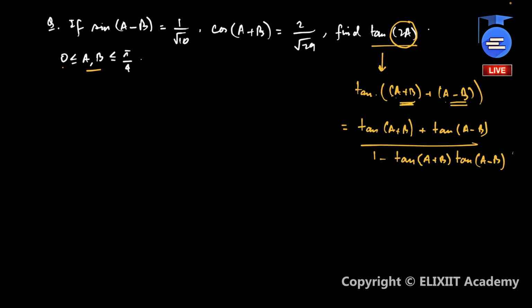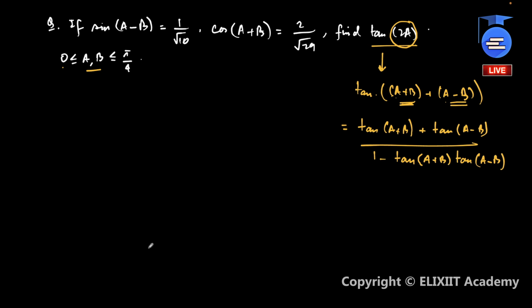Now individually from this information, sin a minus b and cos a plus b, we are going to find out what is tan a plus b and tan a minus b, and simply put this over here in this expression. That's all, so we are done.